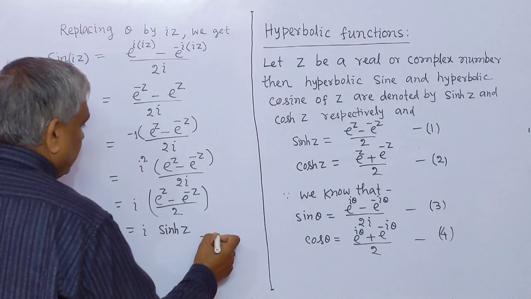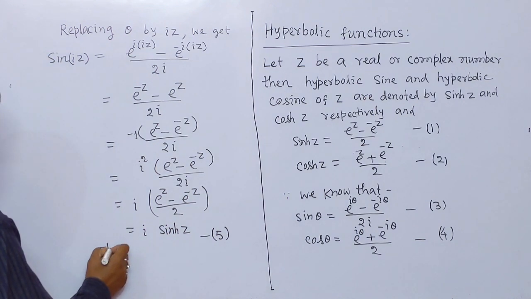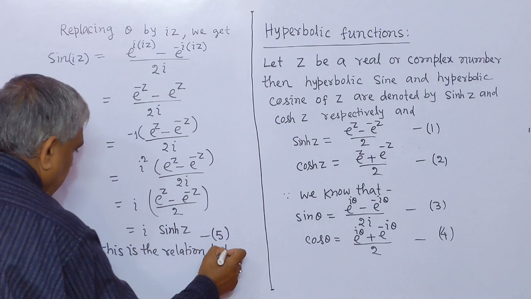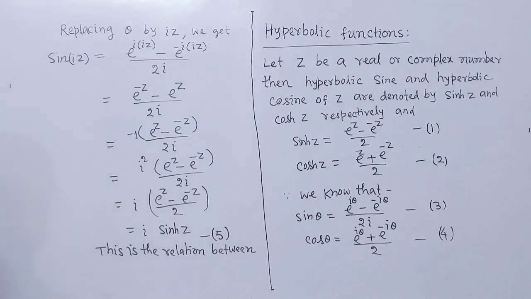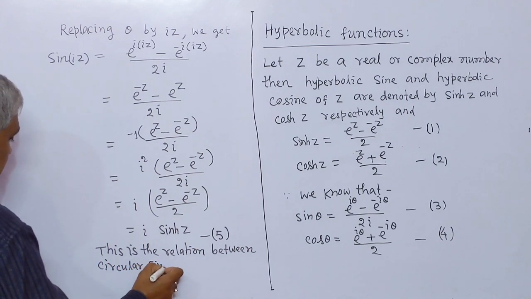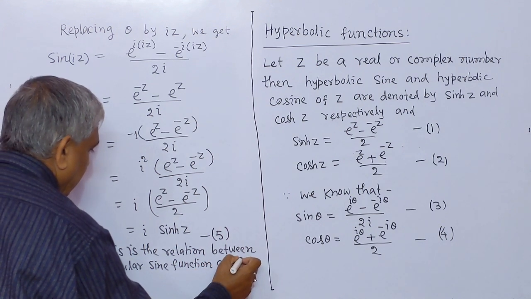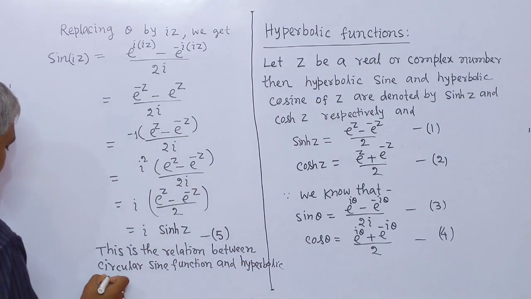This is number 5. This is the relation between circular sine function and hyperbolic sine function.